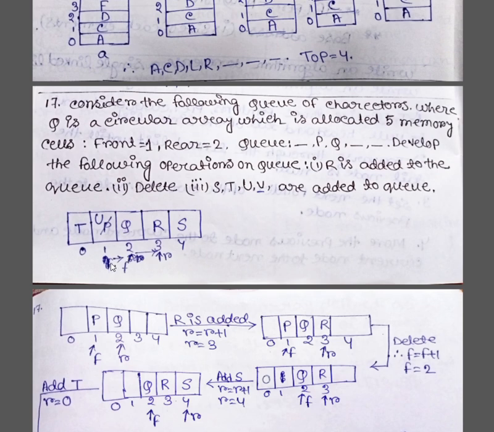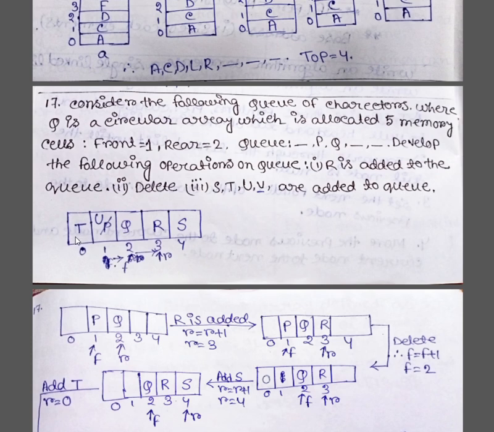So here, this is the front condition. At first, when the queue is void, when the queue is just started, F and R, F is front and R is rear. These are the two pointers, front and rear.